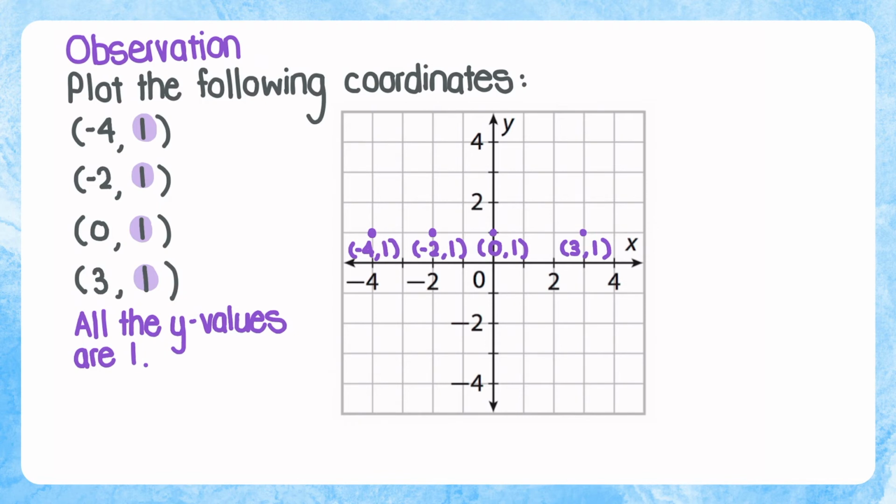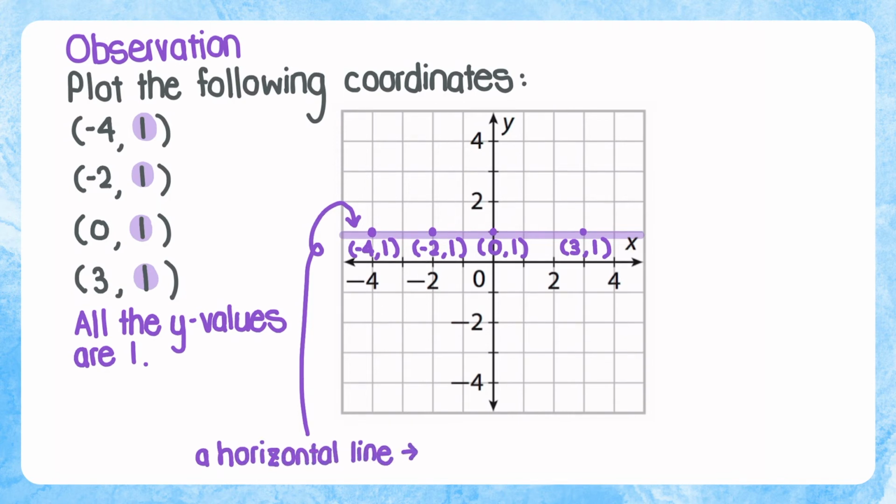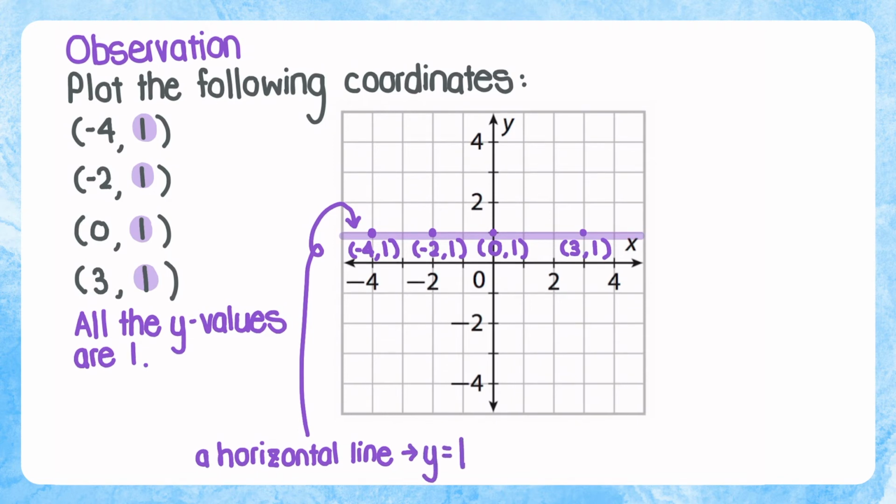This is a property of horizontal lines. So I draw this line going side to side. This is a horizontal line, again a line going from left to right. And this is described by the equation y equals 1.